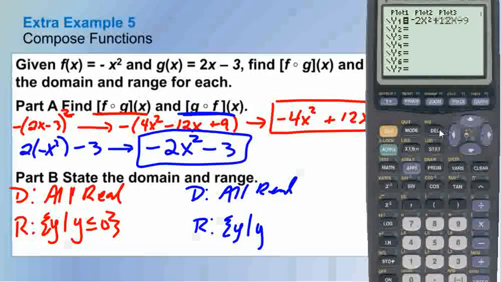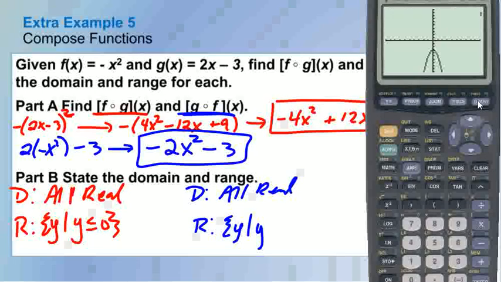Let's just delete this, then hit graph. Find this part right here. This is the y-intercept, so it crosses at negative 3. It goes below negative 3, so it has to be less than or equal to negative 3.